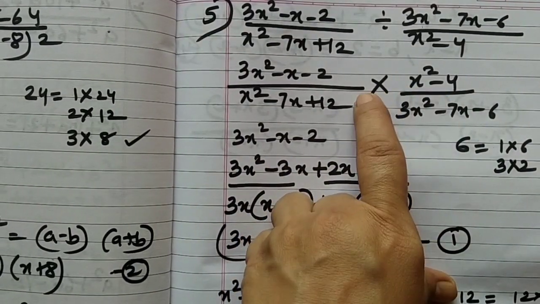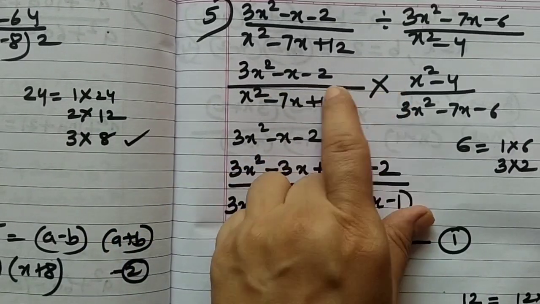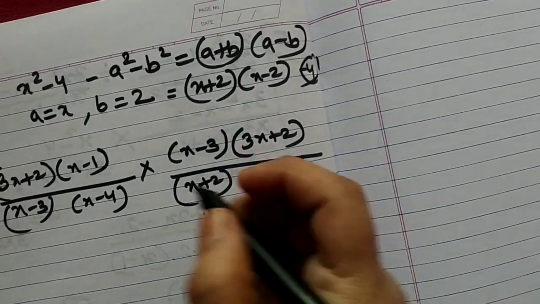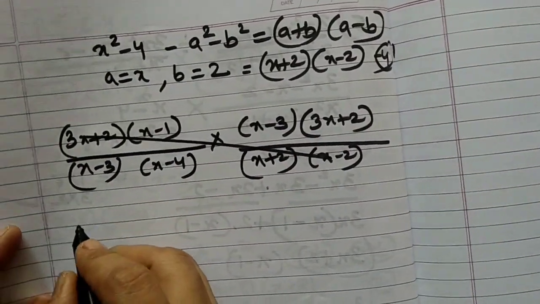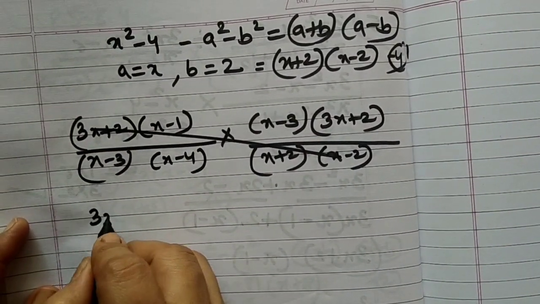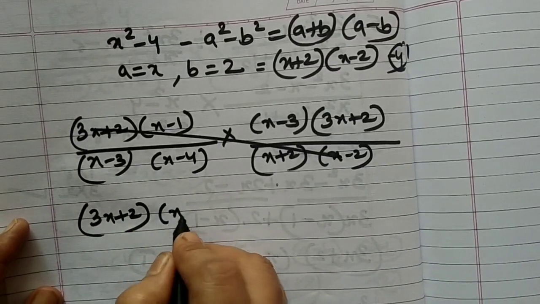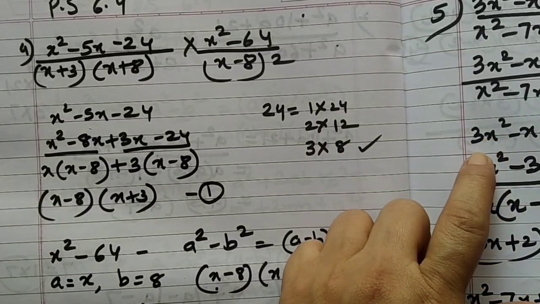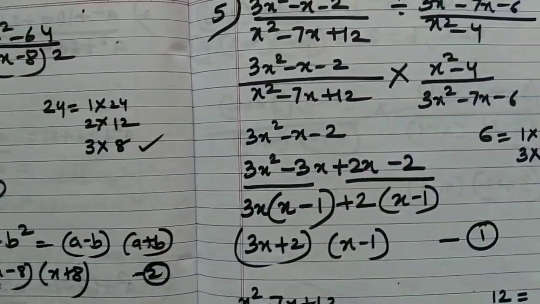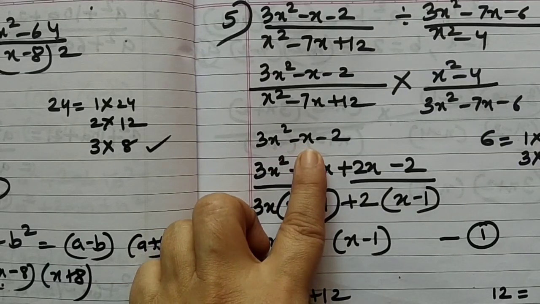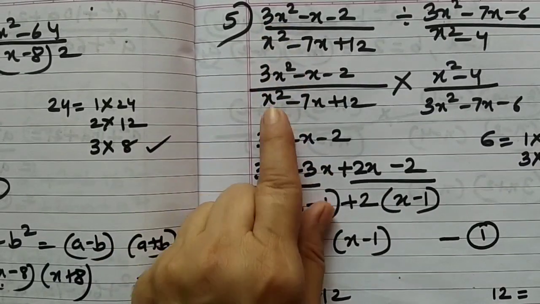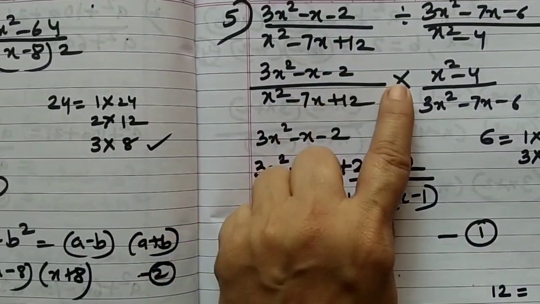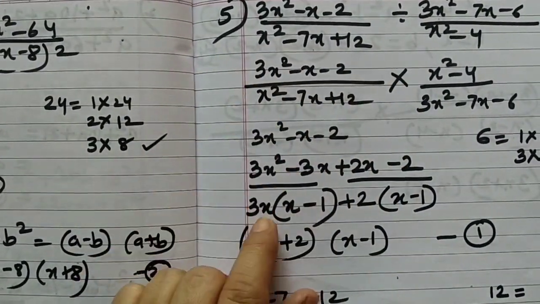Now here, see, I made a mistake. After multiplication, x square minus 4 is here. So this is wrong. I have to write it as 3x plus 2 into x minus 1, that is the solution for this. You don't look at this first equation, you have to look at this second equation, right? Because after changing, this part will come the same.